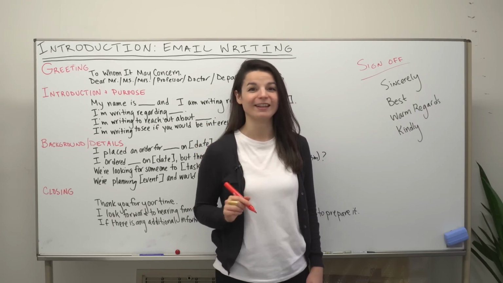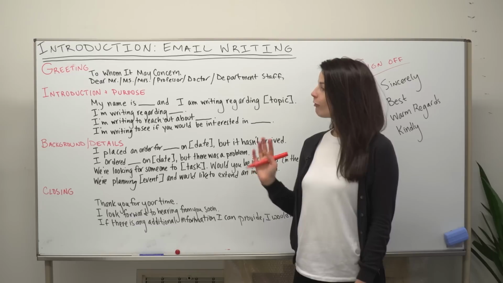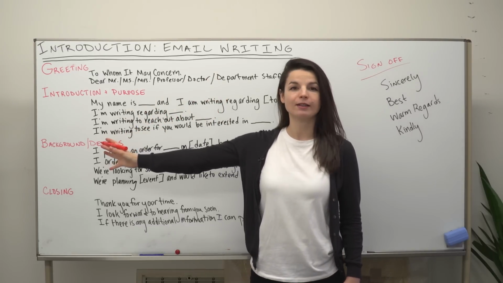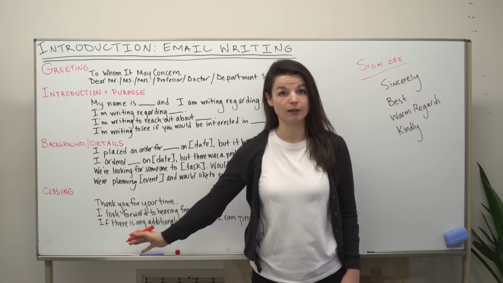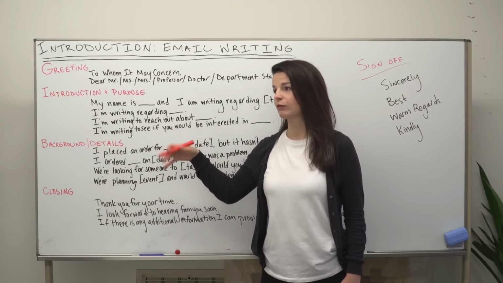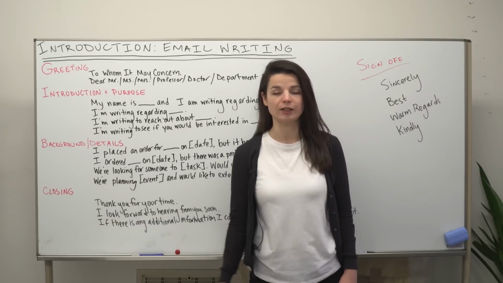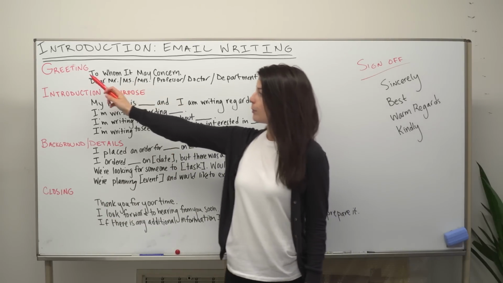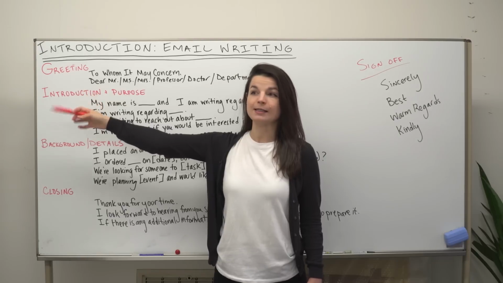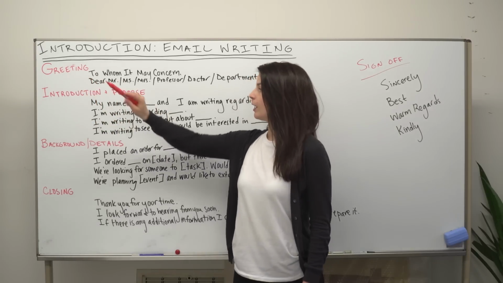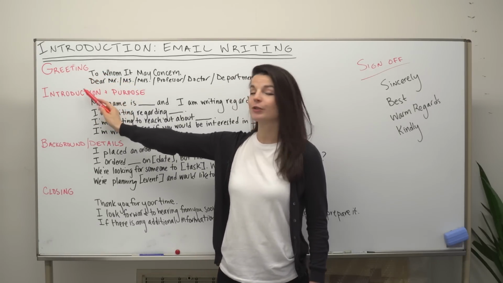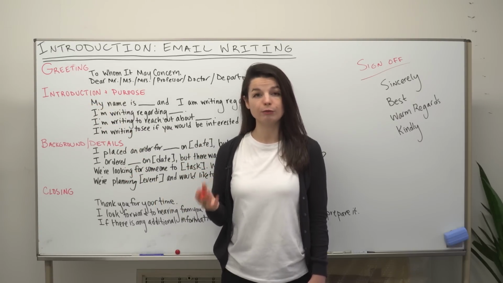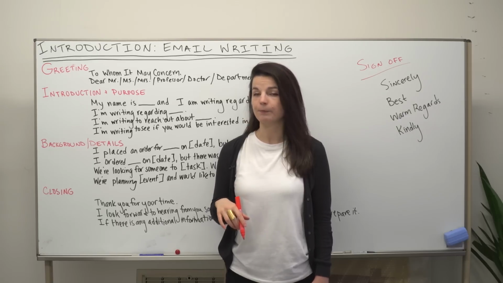So let's get started. All right, first I want to take a look at the general format, the basic parts of an email, at least in terms of American English business emails. Simply put, we begin with a greeting, a simple greeting, the dear part of your letter. Then perhaps an introductory phrase or something that introduces the purpose, the reason you are writing the email.